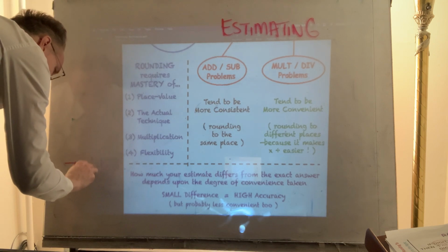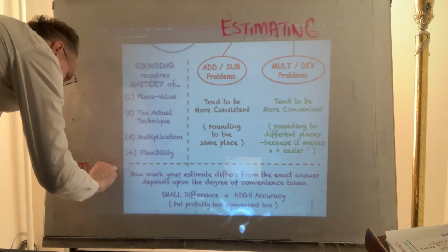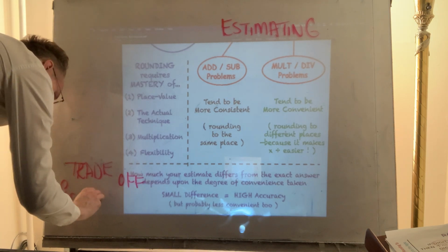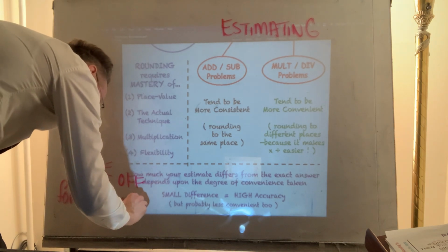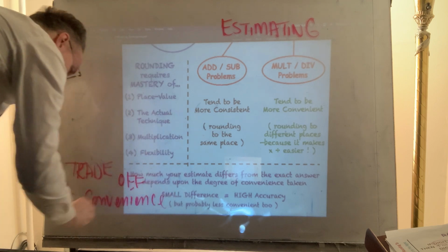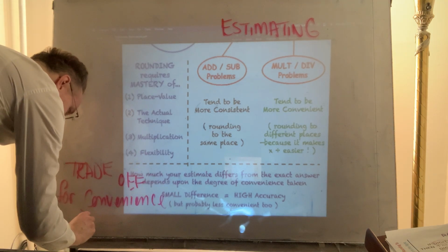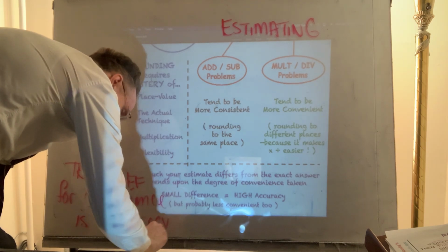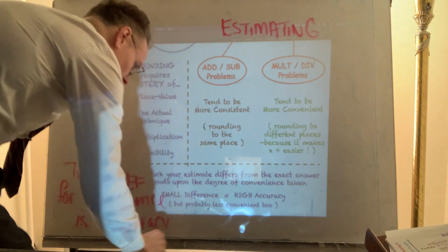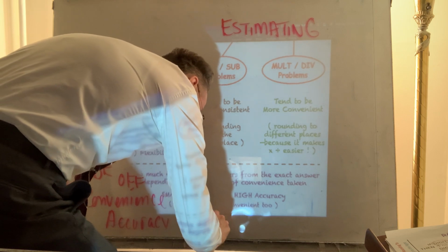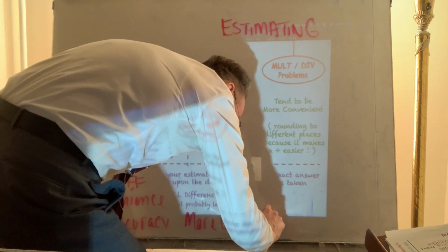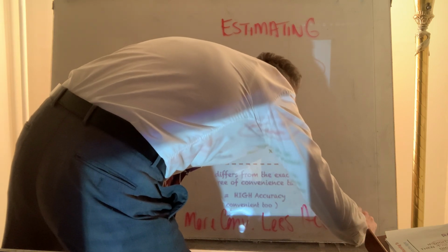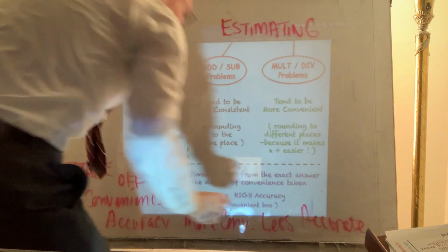The trade-off for convenience, that is how easy something is when you're working with it, is accuracy. Usually the more convenient, the less accurate. One could assume that.